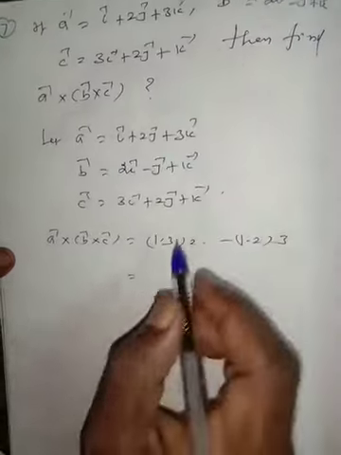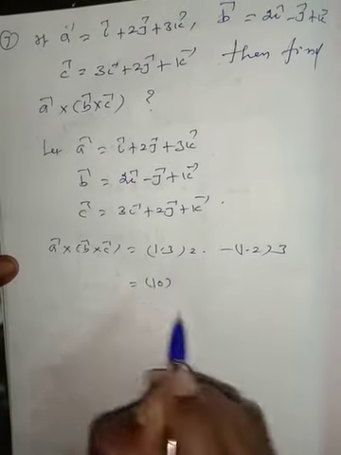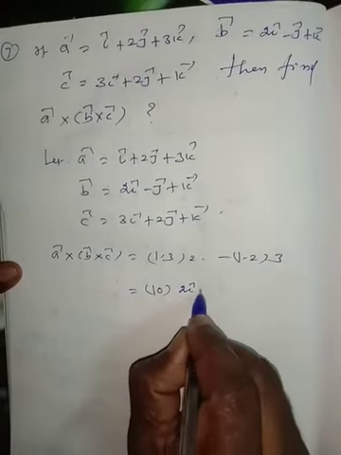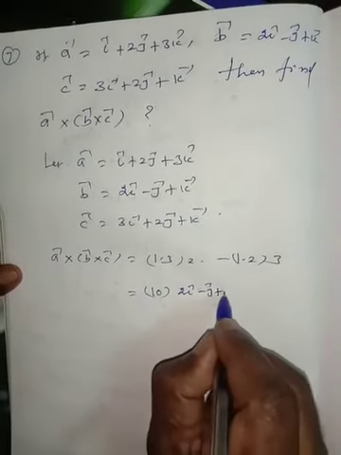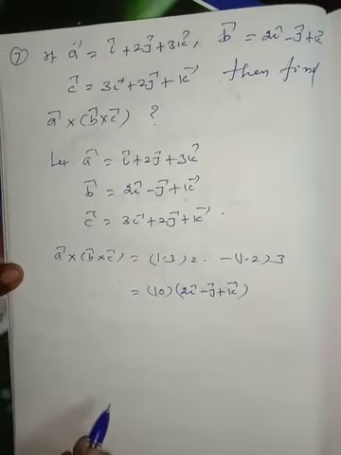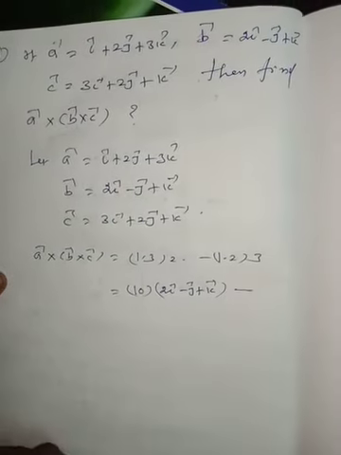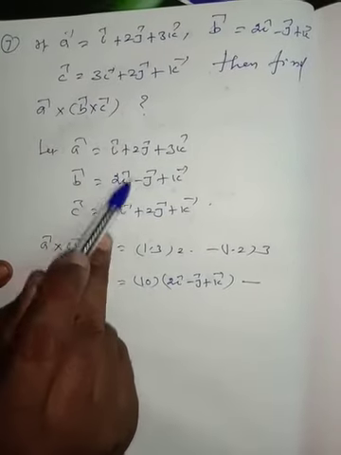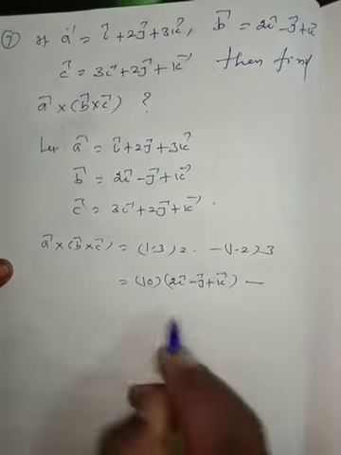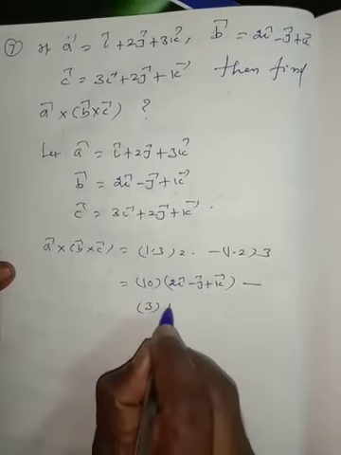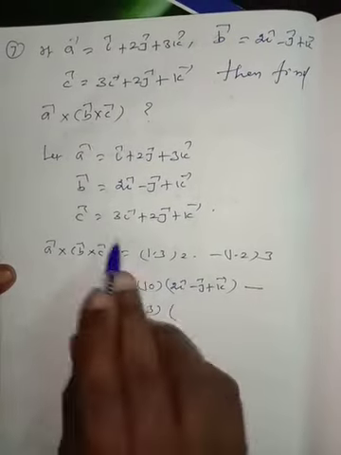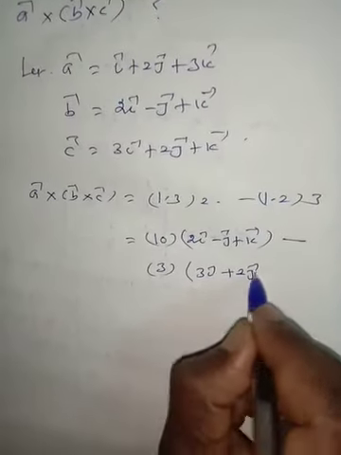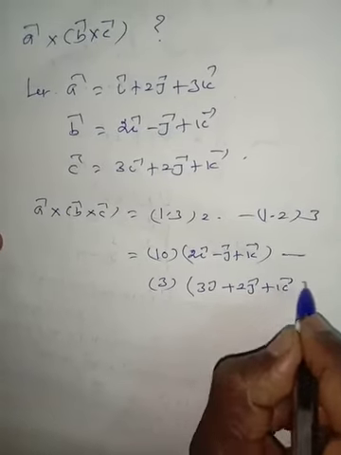Therefore 10 into second, means B vector, 2I vector minus J vector plus K vector, minus first dot second. First dot second means 1 into 2 is 2, minus 2 is 0, plus 3. So 3 of third vector, C vector, 3I vector plus 2J vector plus K vector.